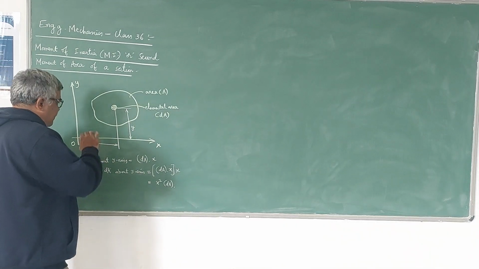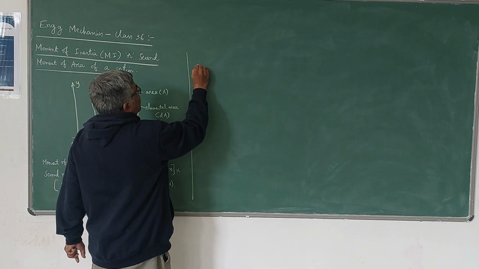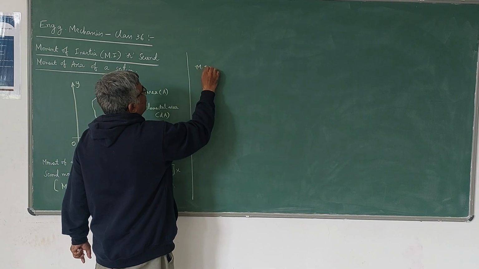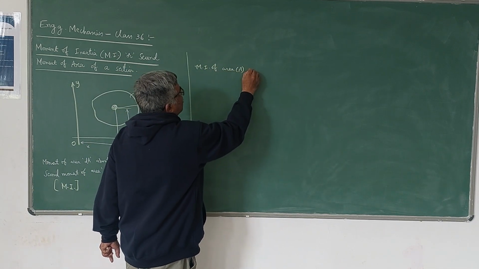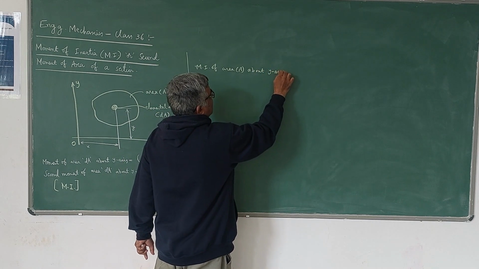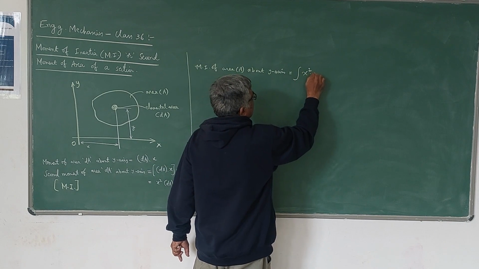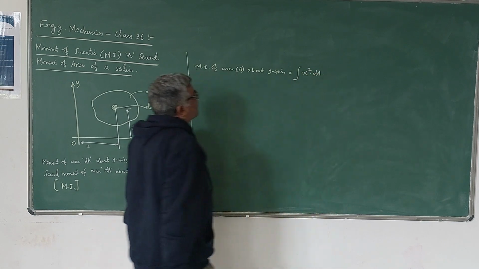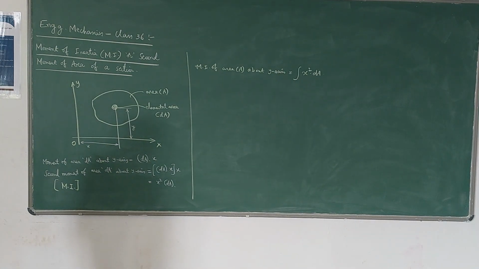Suppose you want the total, that is the moment of inertia of the total area A about the y-axis. This can be written as integral x square dA. So integral x square dA is the moment of inertia of the total area A about the y-axis.